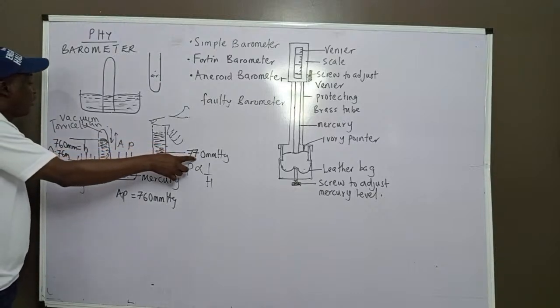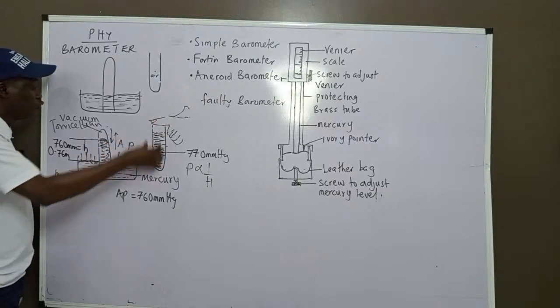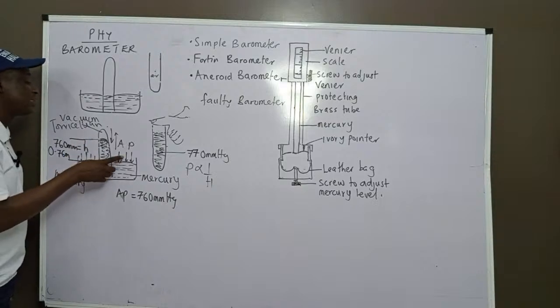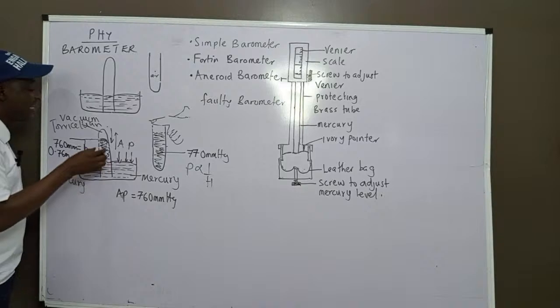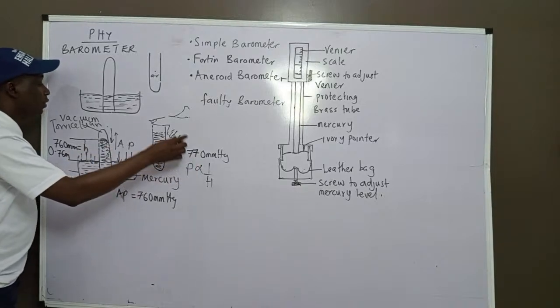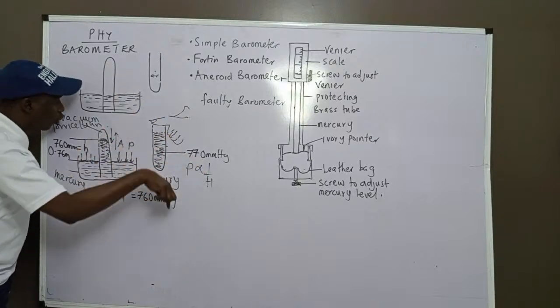But if the mercury that you fill the U-tube, the long tube, with is 770, for instance, now because the atmospheric pressure is 760, that means the height of this column will have to be raised up, so that the pressure can drop.